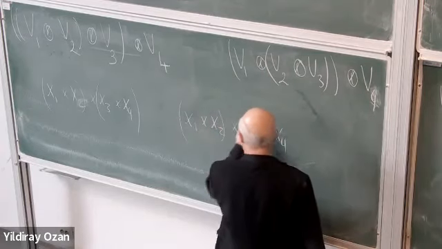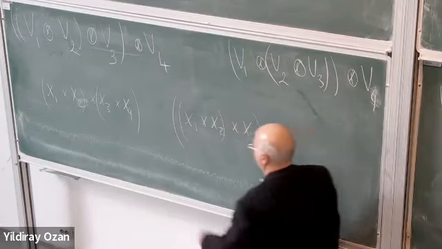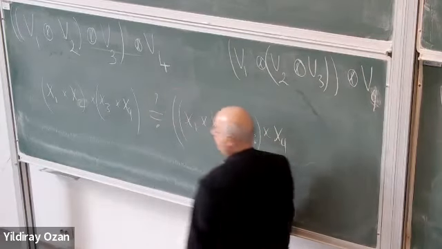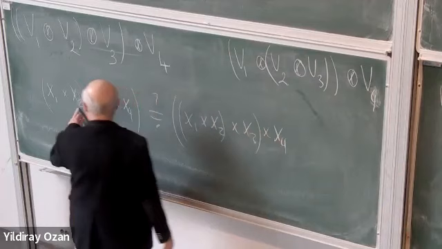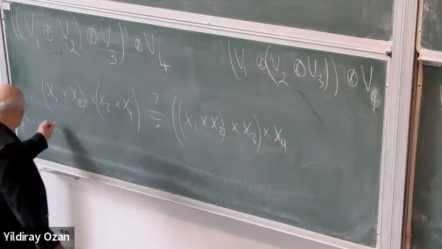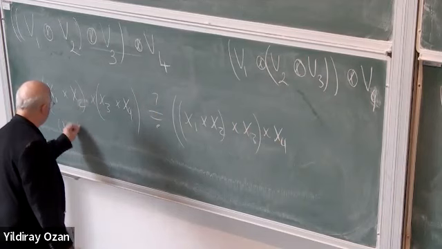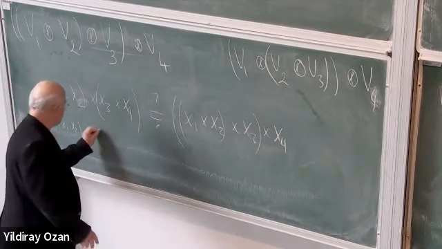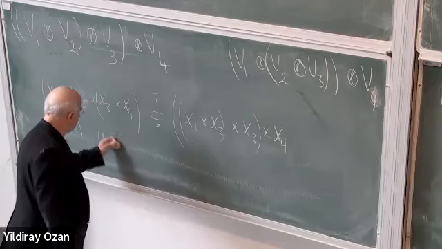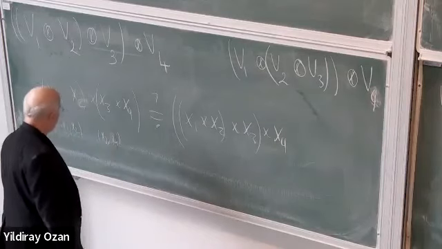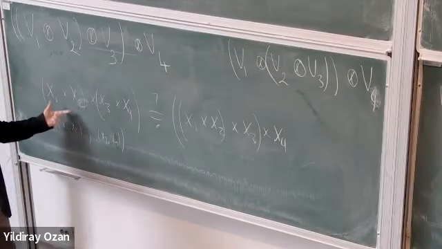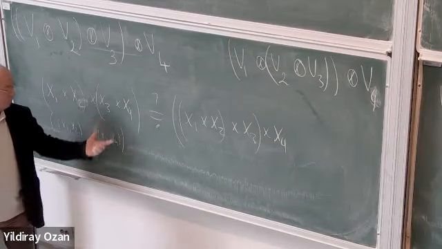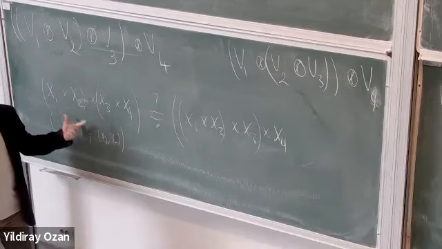Well, actually, they are not the same things, right? What is a typical element of this? A typical element of this is just x1 comma x2. What's a typical element of this? x3 comma x4. And then a typical element of this will be this gadget: a tuple from this product, another tuple from this product, and then tuples of these.